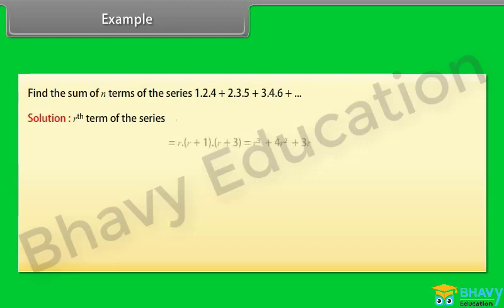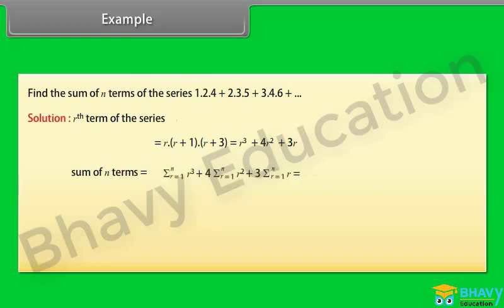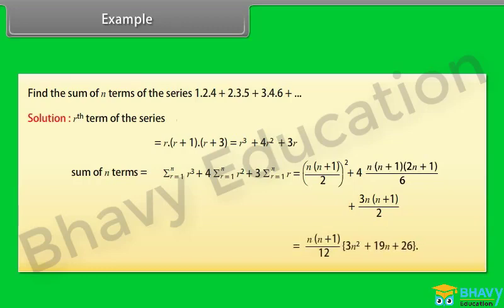The rth term of the series is equal to... Sum of n terms is equal to summation from r equals 1 to n of r cube plus 4 times summation from r equals 1 to n of r square plus 3 times summation from r equals 1 to n of r, which is equal to... On solving, we get n into n plus 1 by 12 multiplied by 3n square plus 19n plus 26.